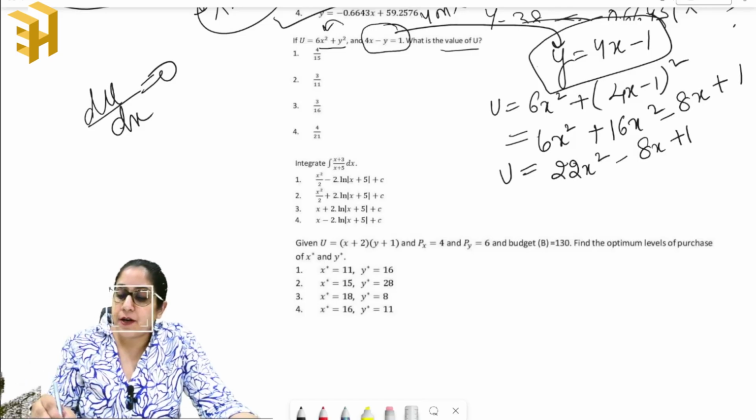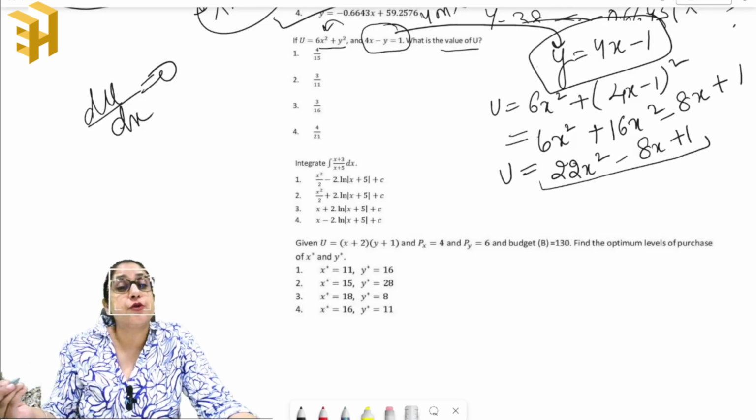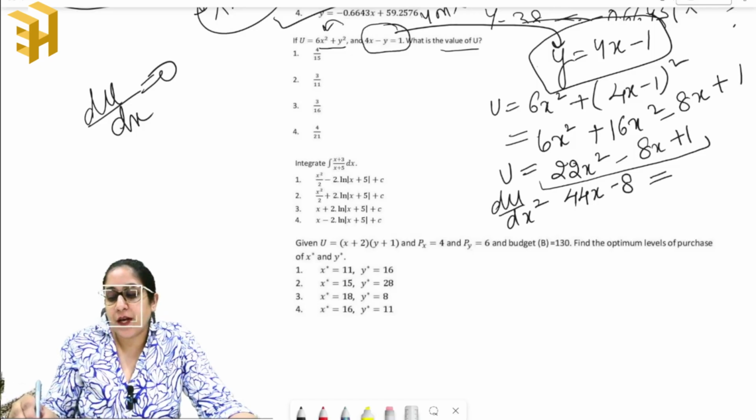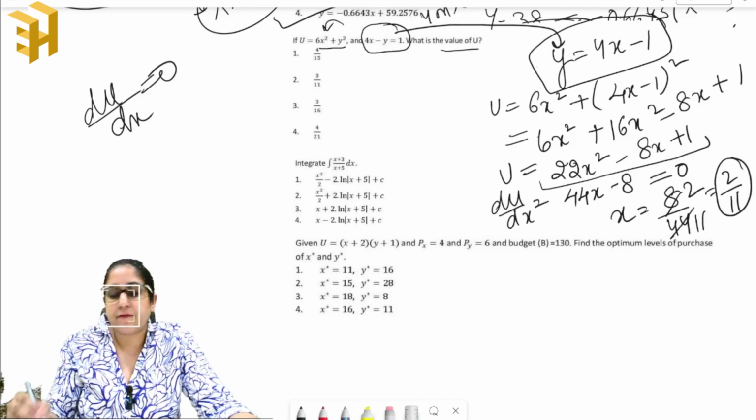So we'll differentiate this equation with respect to x. So du by dx will be equal to 44x minus 8. And when we equate it with 0, we get x is equal to 8 by 44, or simply 2 by 11. This is the value of x that we've got.